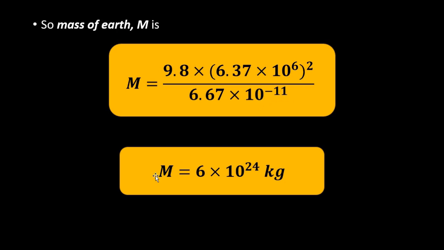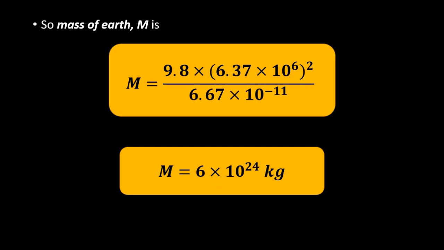So we get the approximate value of mass of Earth as 6 into 10 to the power 24 kg. Now the value is 5.96 or 5.97 into 10 to the power 24 kg. Here we have just converted into round numbers, that is 6 into 10 to the power 24 kg. This is the mass of the Earth.